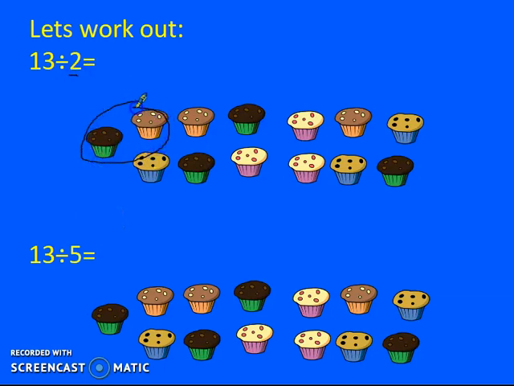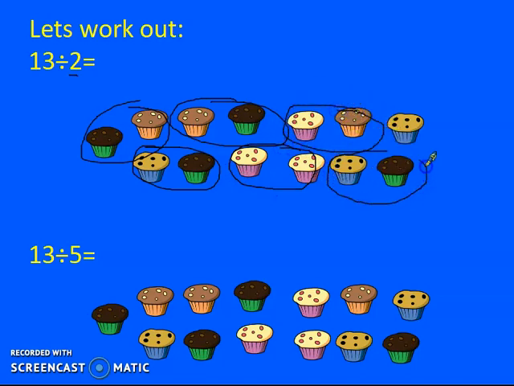So there's 1 group, 2 groups, 3 groups, 4 groups, 5 groups, 6 groups. So there are 6 groups. Remainder, this one. So remainder 1. So our answer to 13 divided by 2 is 6, remainder 1.